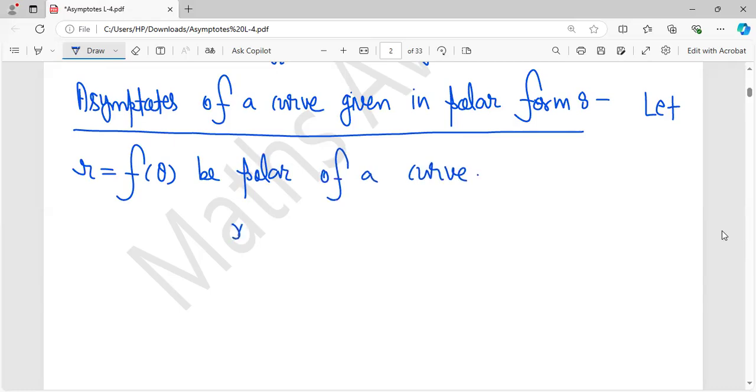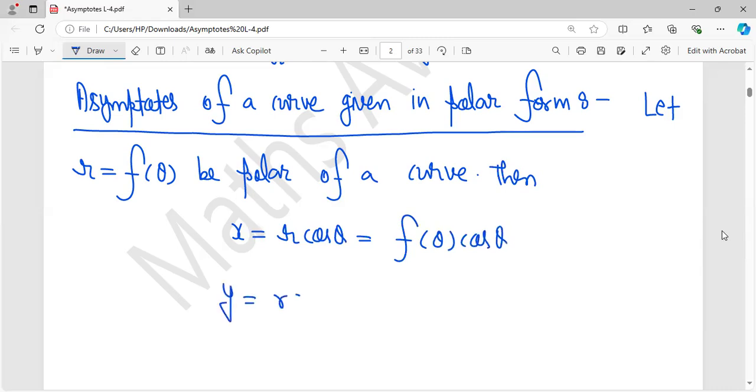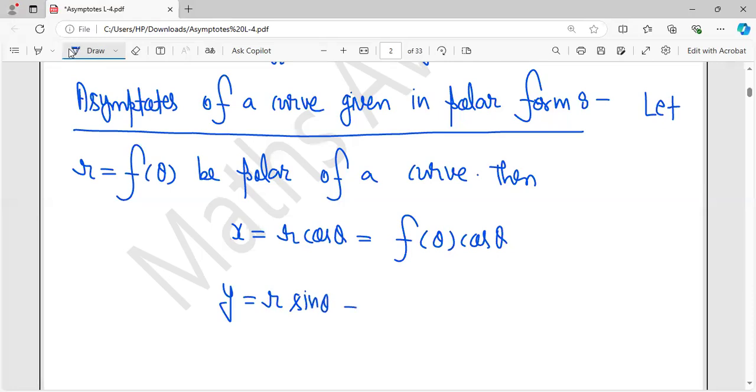So x is given by x equal to r cos theta. Putting the value of r, x is f theta cos theta, and y is given by r sin theta, that is f theta sin theta.